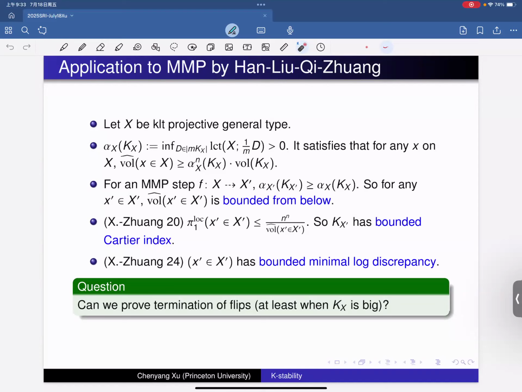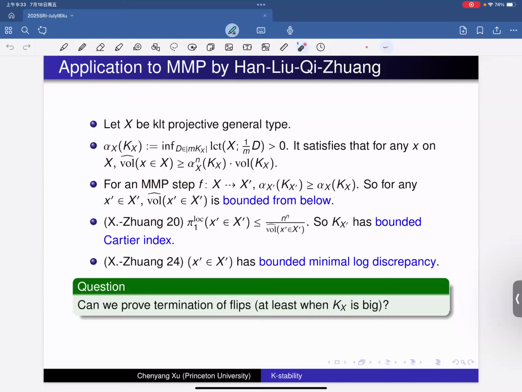So in any step, the alpha invariant is larger than or equal to the alpha invariant you start with. Then that means this guy is bounded, and the volume of Kx doesn't change, of course. Then that means that for any singularity in this MMP sequence, the normalized volume is bounded from below.